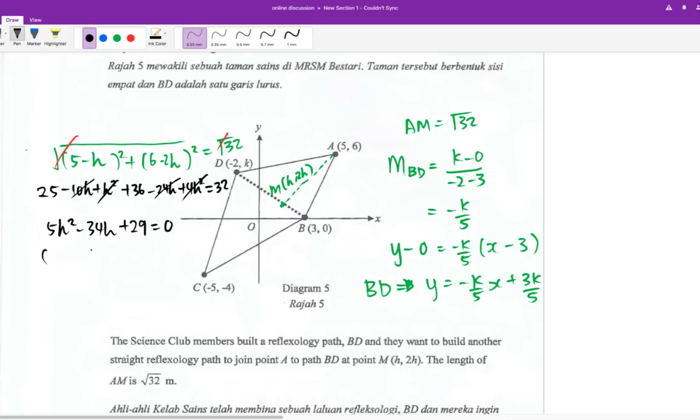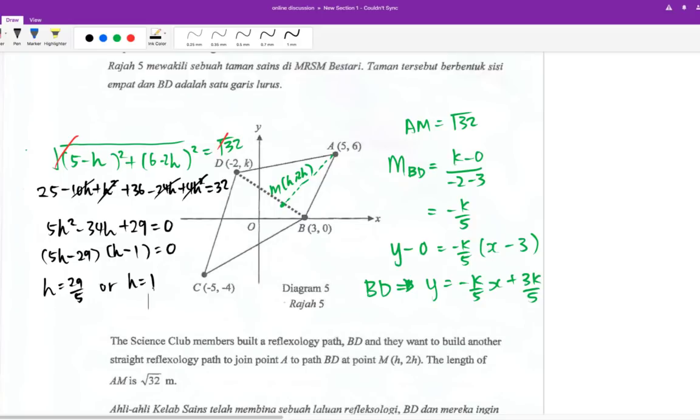Alright, and then I will try to factorize it. Because 29 is a prime number, I guess this one is very easy to factorize. So I will write a 29 here, and then I'll write a 1 here, and then I minus both. So my h will equal 29 over 5, or my h will equal 1.